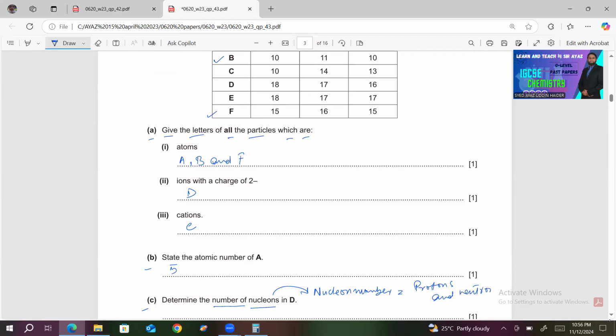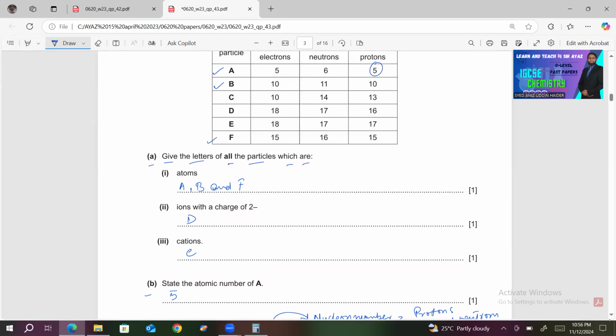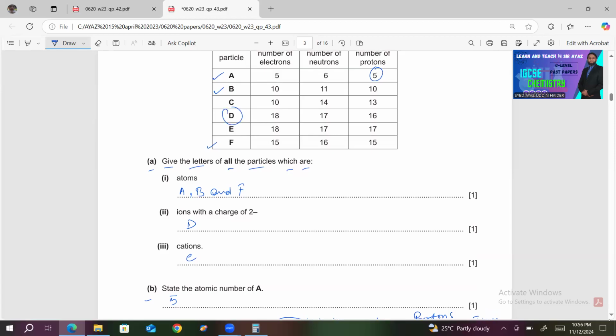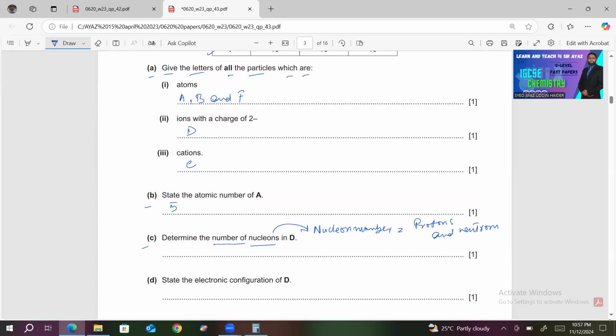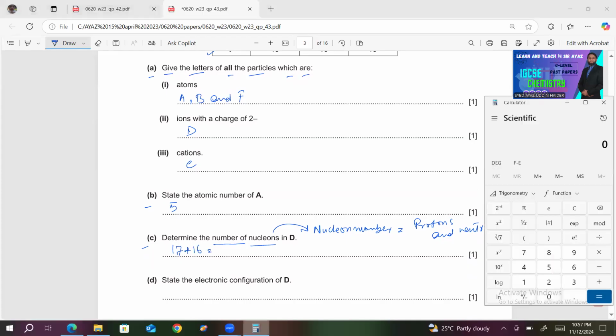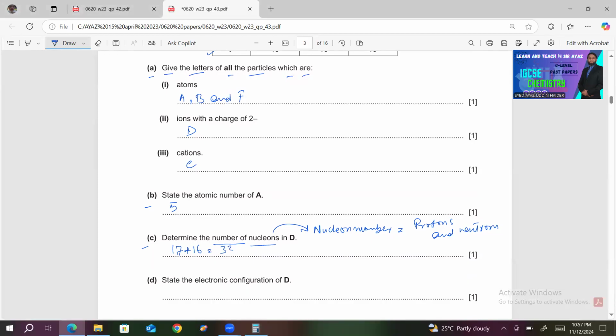So they are asking about the total number of protons and neutrons altogether for D. If you look at D, the number of neutrons is 17 and the number of protons is 16. So you'll add up 17 plus 16, and you'll get 33. This will be the final answer.